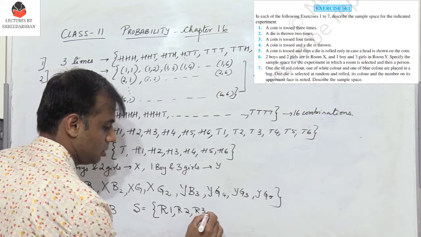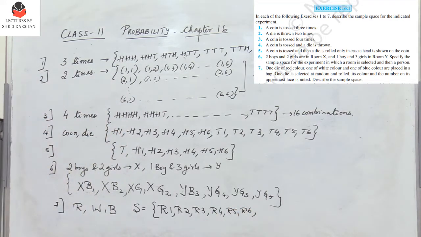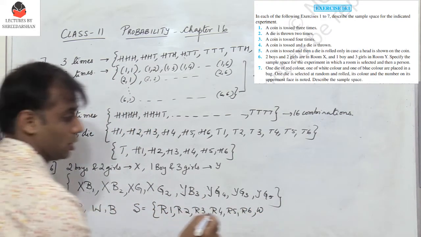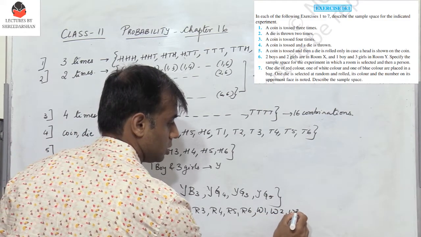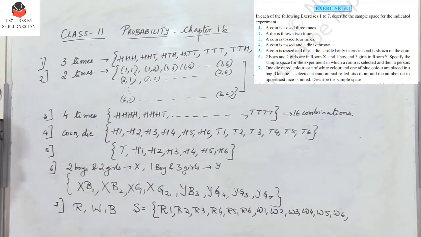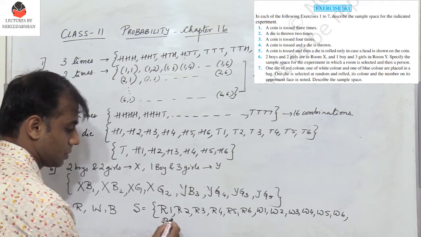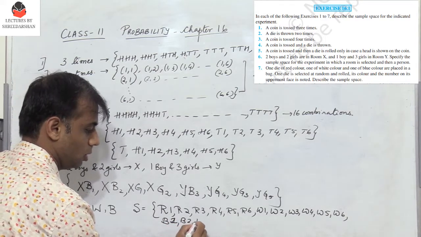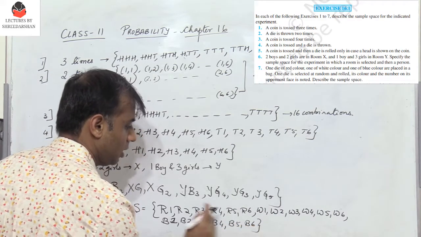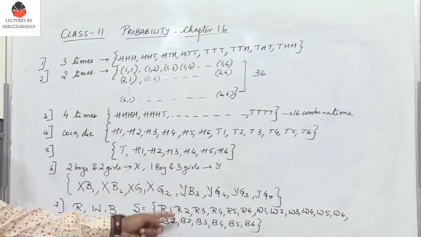Similarly R3, R4, R5 and R6. If I get the white die, again I roll it. I am noting down the color also. So I get W1, W2, W3, W4, W5 and W6. If I get the color blue, then I get B1, 2, 3, 4, 5 and 6. Now why am I writing R, W and B here? Because I am noting down the color and then rolling the die and getting the number.